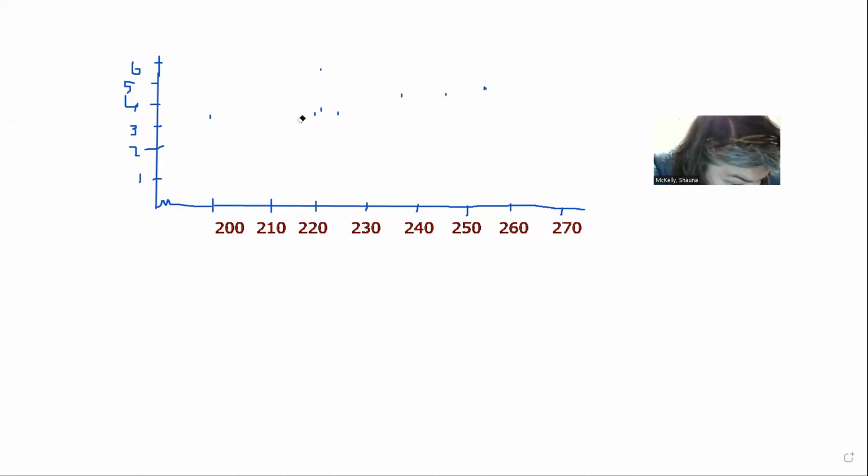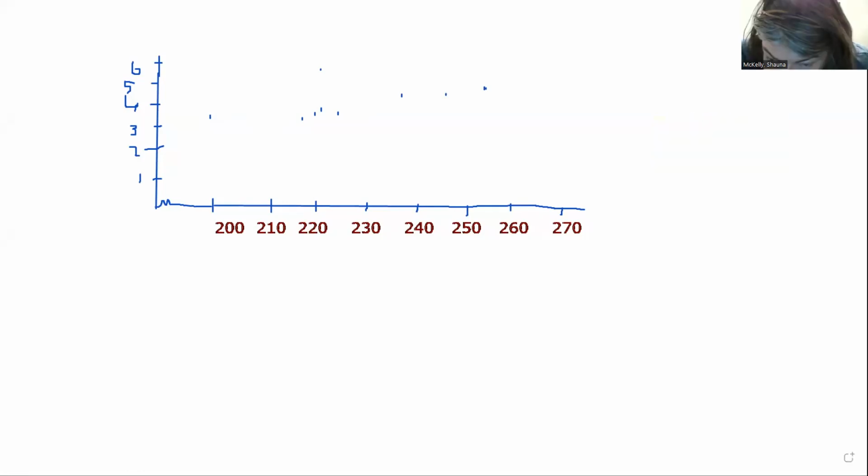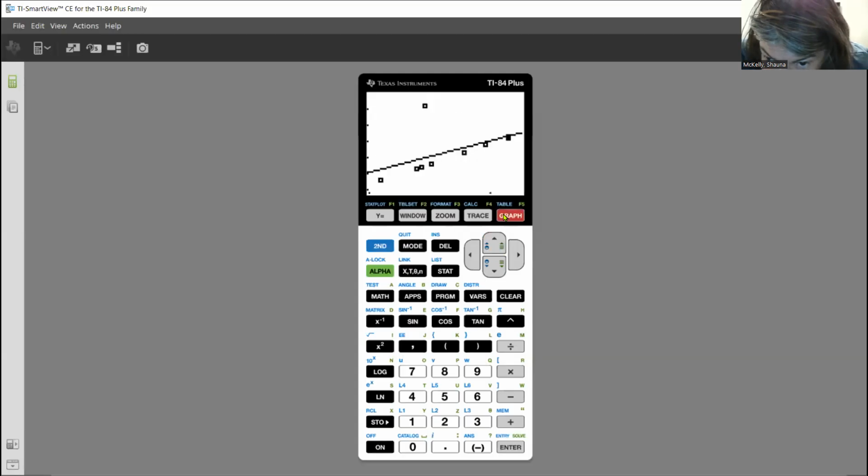Okay. Now my regression equation, let me go back to the calculator. It's below most of those points. Okay. But there's a few that are clustered.